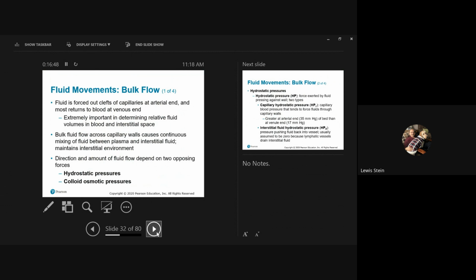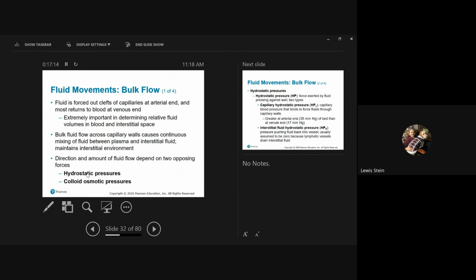This is where I talked about this a little bit before. This bulk flow of fluids has a lot to do with hydrostatic pressure. That's blood pressure. Think of that as the mean arterial pressure, because that's really the way to look at it in that area. And the colloid osmotic pressure, go back to the blood unit, all that albumin holding on to the fluid.